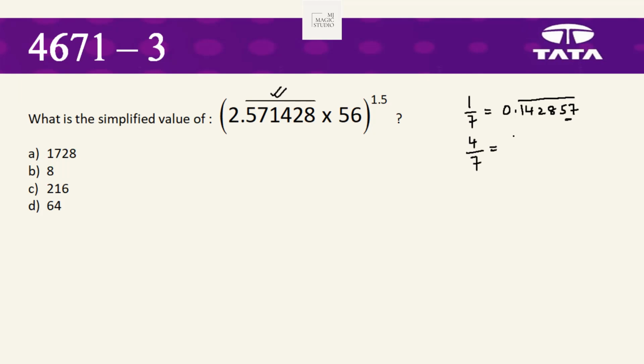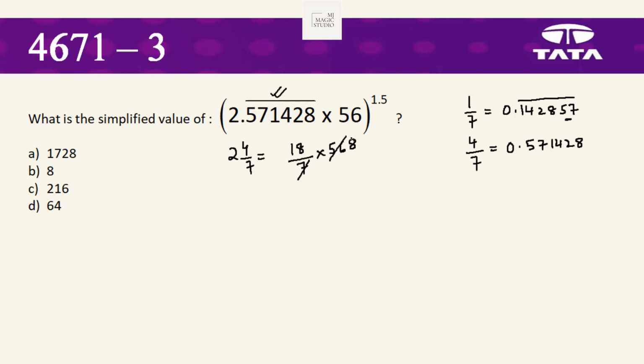4 by 7 is 0.571428. Now, since we have got the fractional part of the recurring, we can now solve it. It is 18 by 7. 7 into 2 is 14 plus 4 is 18.